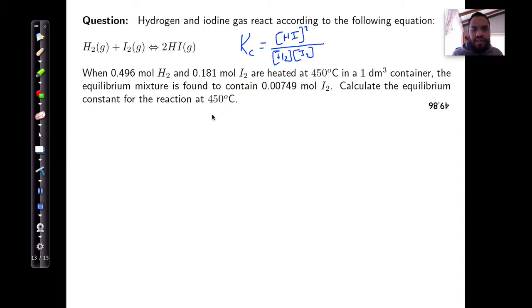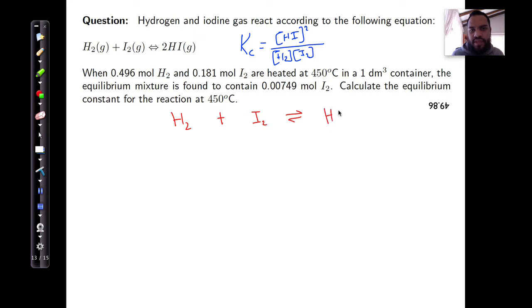Let's start with step 1. Step 1 is you write down the equation. So I'm going to write down the equation here on top. It's H2 in the gaseous phase plus I2, and that gives me a reversible reaction. It gives me 2HI, right?